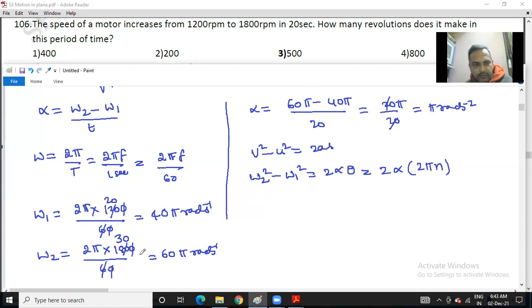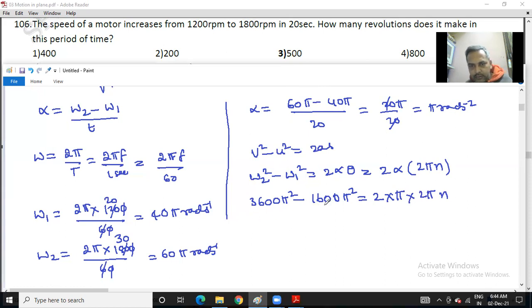Omega 2 square, what is omega 2? 60 pi. So it will be 3600 pi square minus, what is omega 1? It is 40, so it is 1600 pi square, is equal to 2 alpha. How much is alpha? It is pi, and there will be 2 pi n.